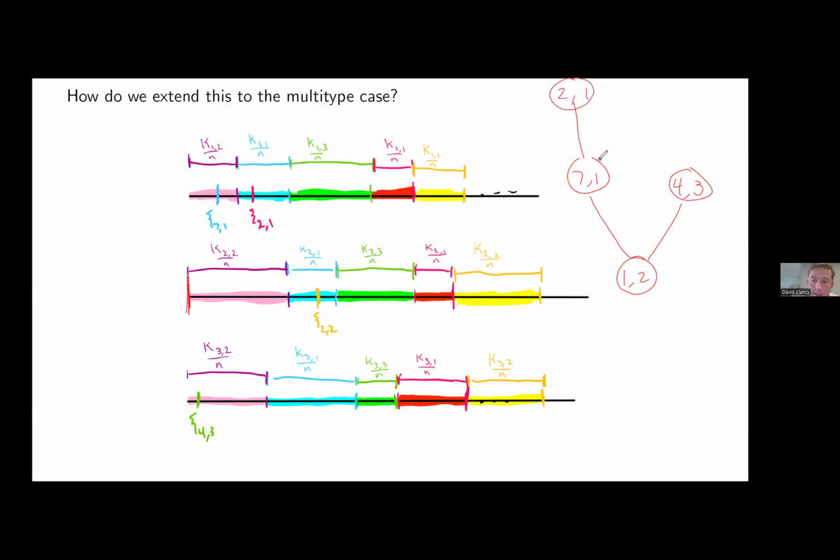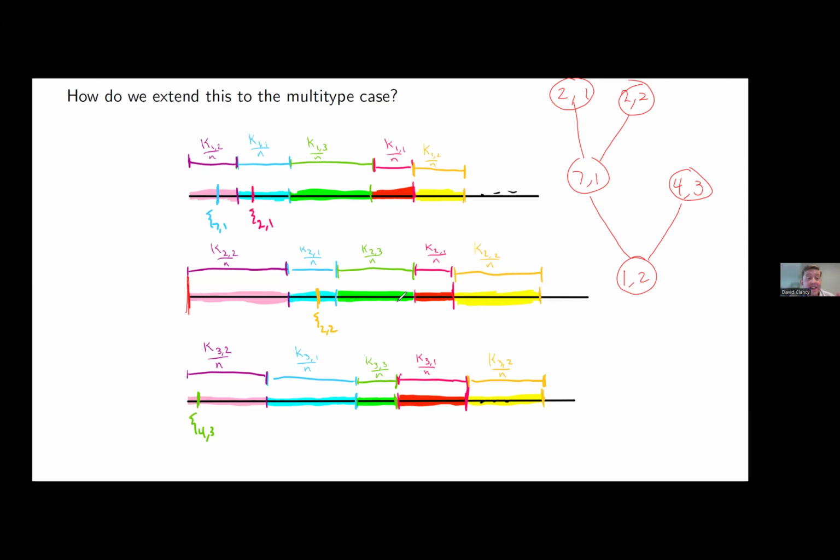And then it also discovers a 2,2 vertex whenever it listens on the second timeline. It doesn't discover anything on the third timeline. And then this continues. We listen for some amount of time for the vertex 4,3 on each of the timelines based on the class of the vertex and the timeline that we're on.